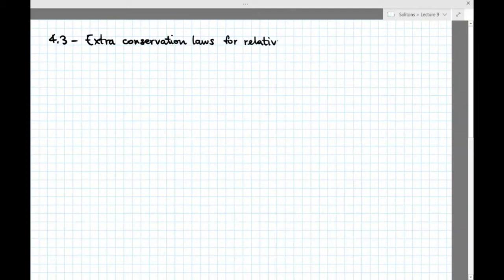Next, we're going to try to generalize the previous argument to any relativistic wave equation, and in particular, we'll also use it to find some new or extra conservation laws in addition to the conservation of energy.